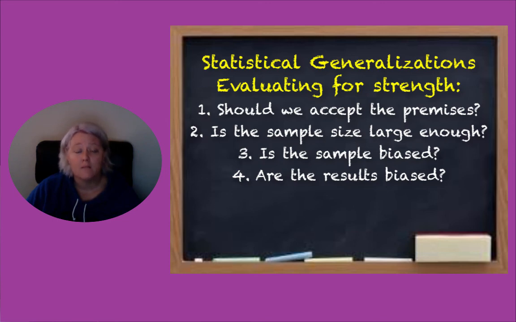Because mothers are interpreting the intelligence of their children, the interpretation is likely biased. So the sample isn't biased because we're talking about a variety of children. There's no bias in the sample, but the interpretation is biased because, of course, mothers are going to say their children are above average in intelligence. But it can't be the case that most children are above average in intelligence, right? So what we have here is a biased result.